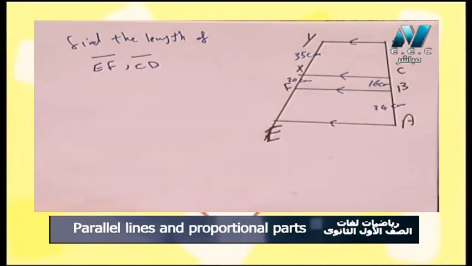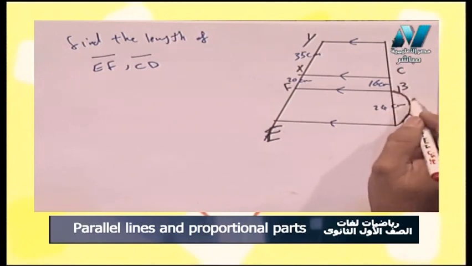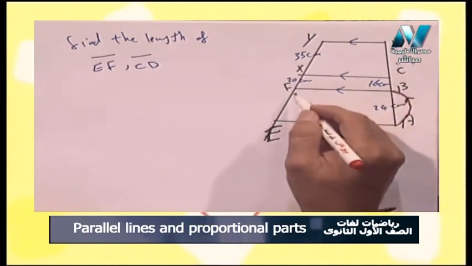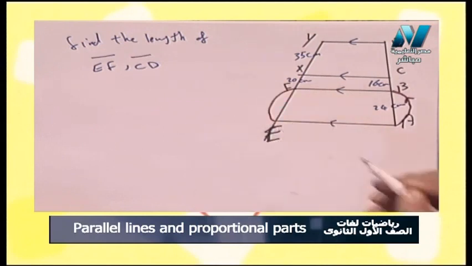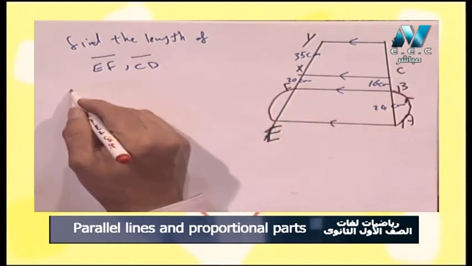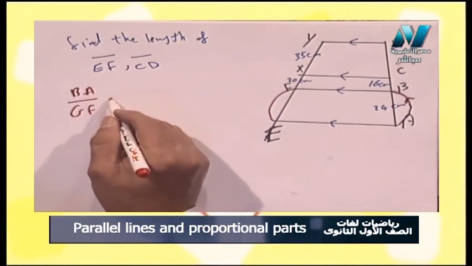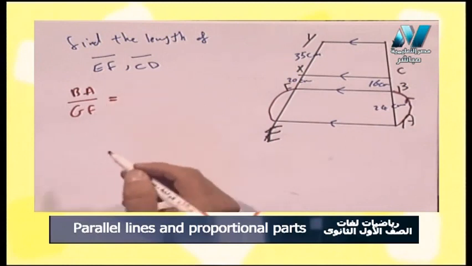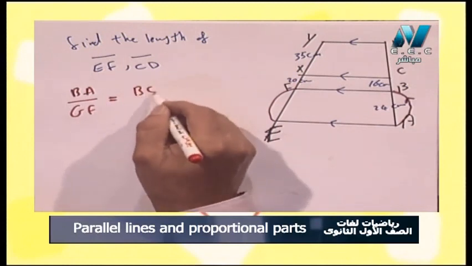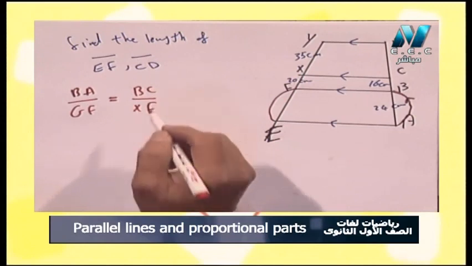So concentrate with me. We will start with the ratio AB and GF. We can say AB over GF, which is BA over GF, will be equal BC, of course, over XF.